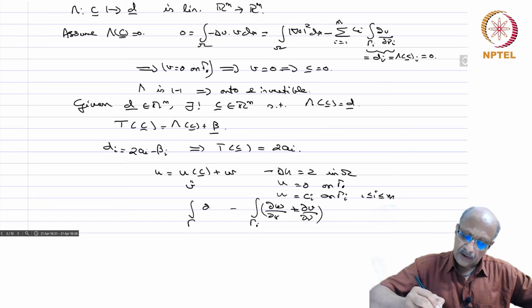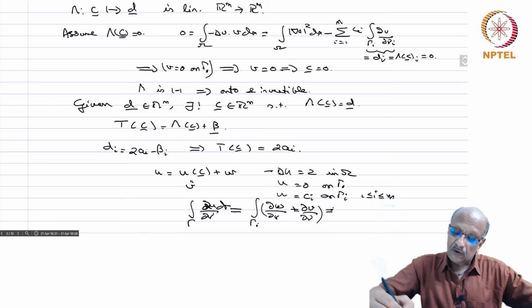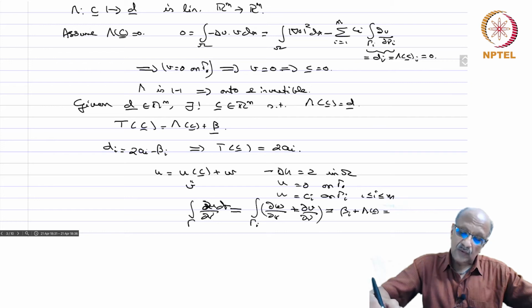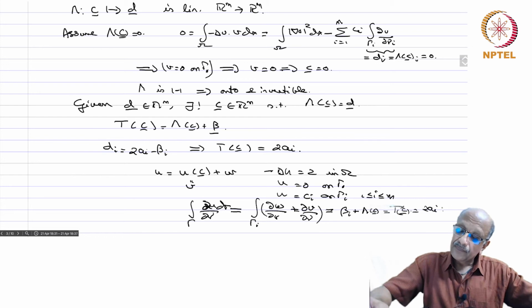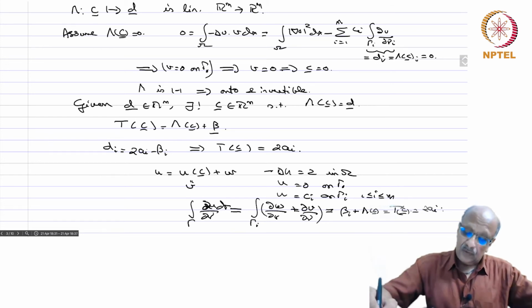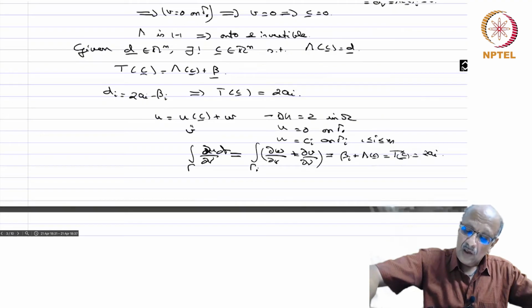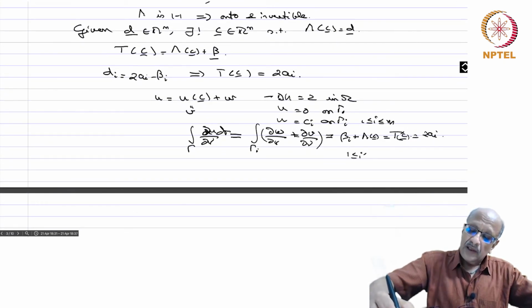So integral on gamma I of du by d nu d sigma equal to integral of dw by d nu, which is equal to beta I plus lambda of c, and that is equal to Tc equals 2ai. Okay, so you have it satisfies all these conditions, 1 less than or equal to I less than or equal to m.